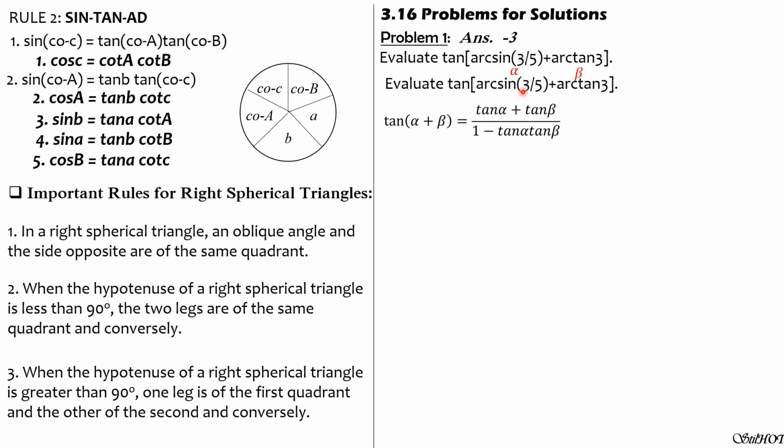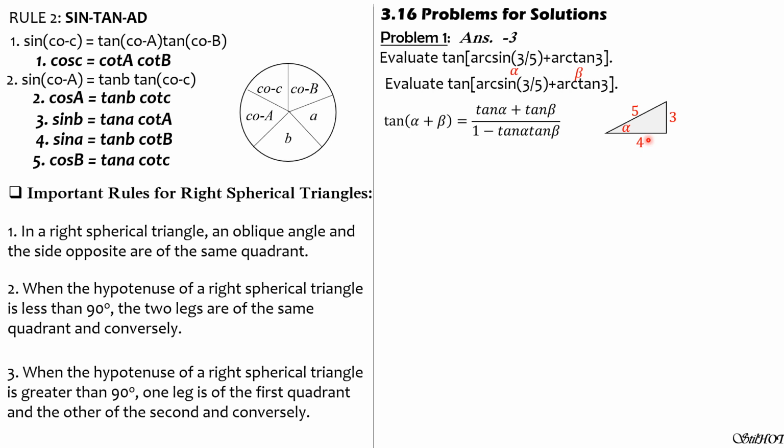Tangent of alpha: because we have arcsine of 3/5, if you draw a right triangle, then this is the angle alpha. The opposite should be 3, hypotenuse should be 5, and the adjacent side should be 4, assuming that this angle is in the first quadrant, because there's no other information, it is not mentioned here.